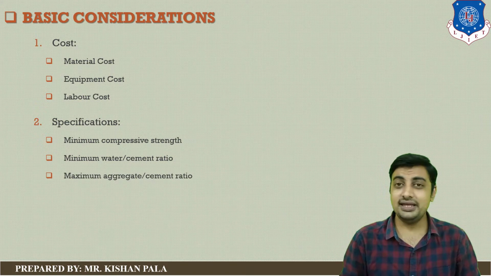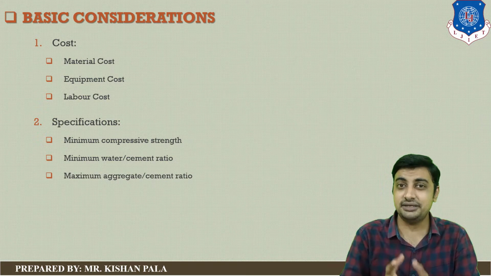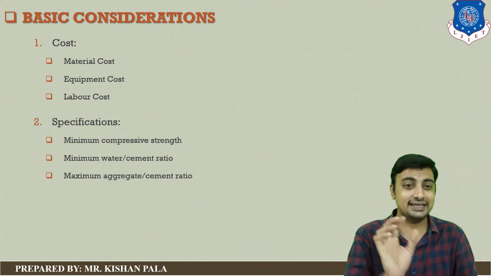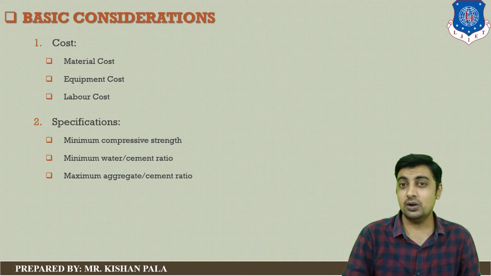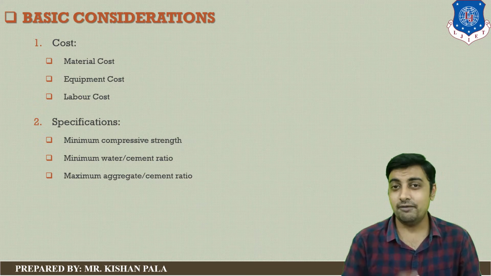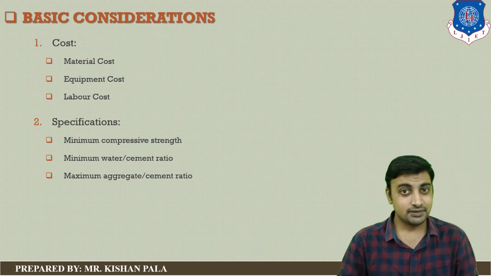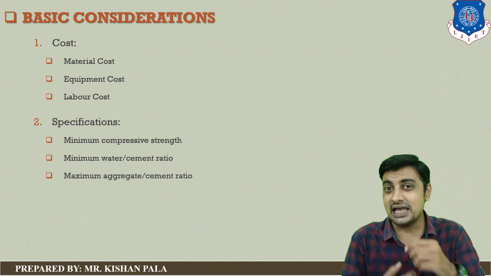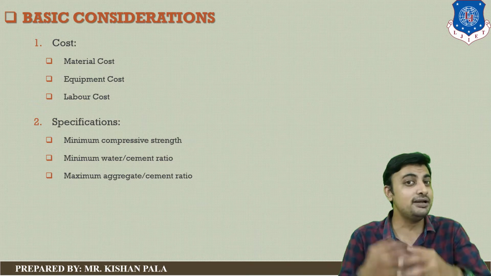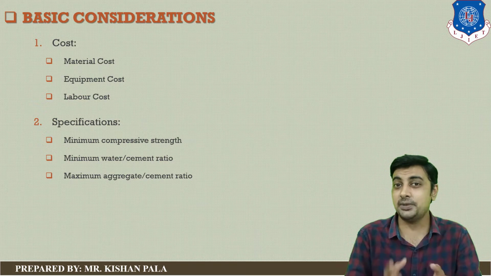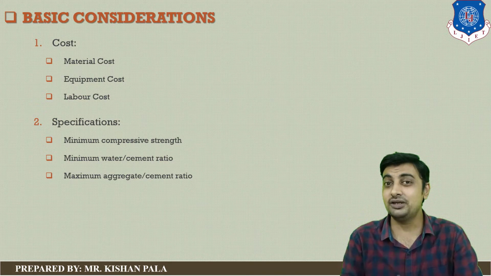And the third one is the maximum aggregate cement ratio, which is also an important term for the workability as well as the strength of the concrete, because the particle size will affect the workability and this will also affect the strength of the concrete.